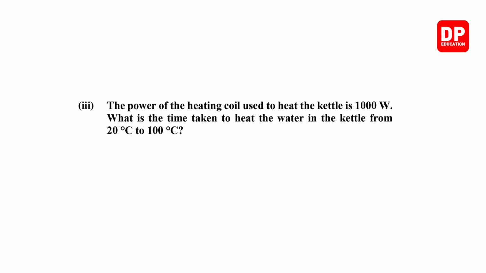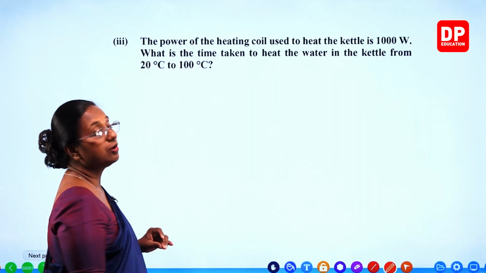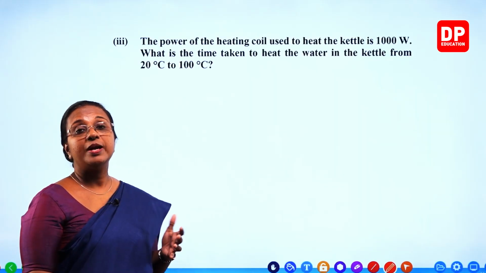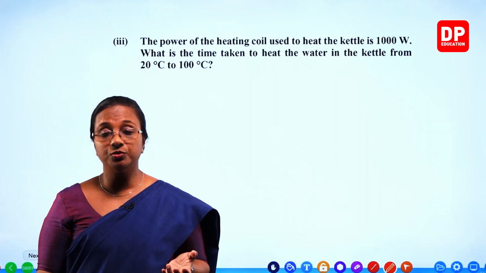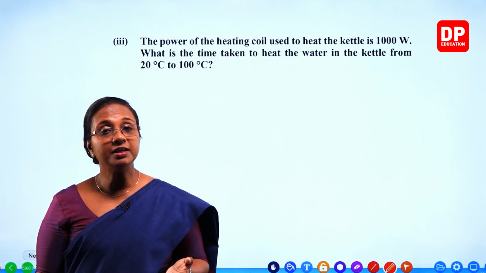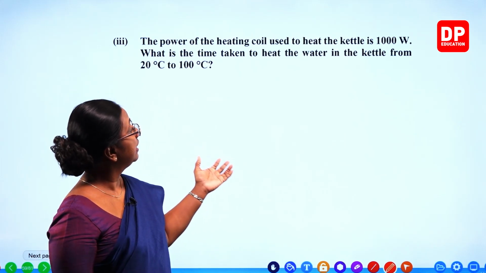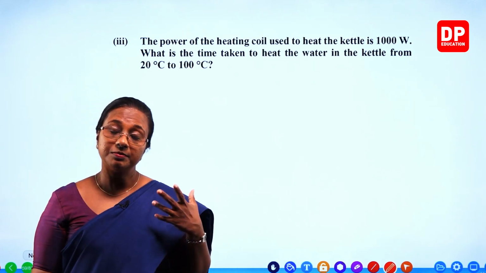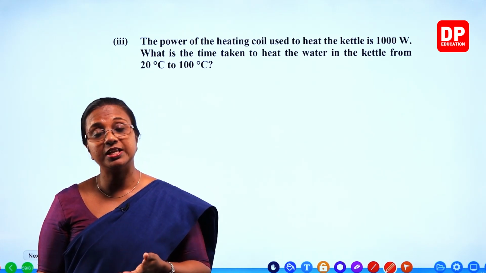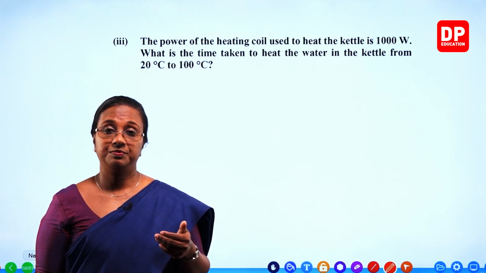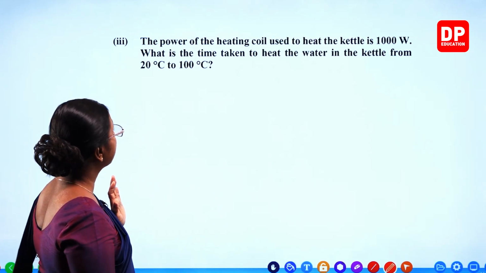Part 3. The power of the heating coil used to heat the kettle is 1000 watts. So when you say power, you all know, what is power? The amount of energy used in a unit time. So you can remember that.